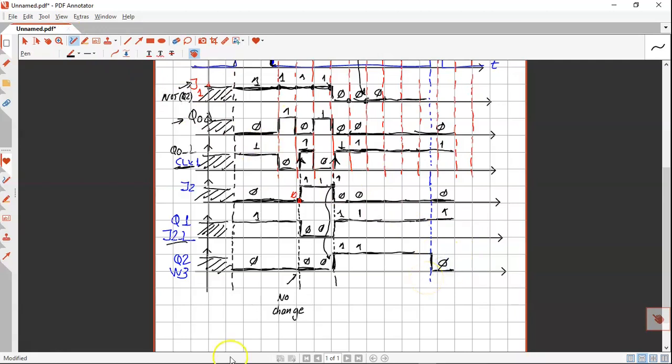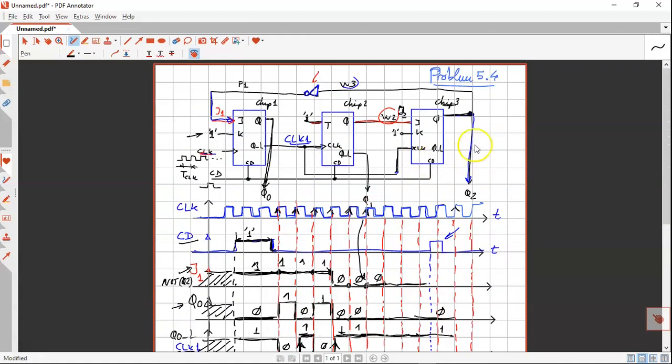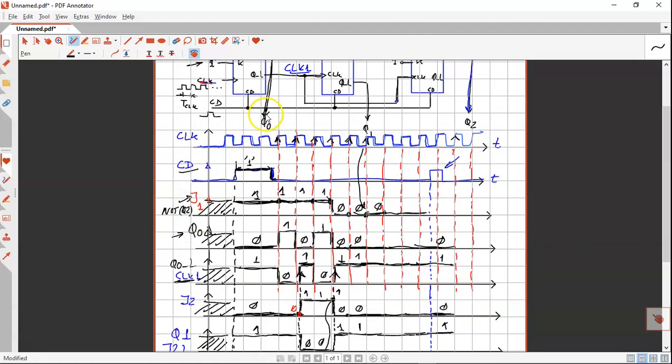Now it's correct, because it's the output, Q2. What is 1, if this is 0, is this signal here. So J1 goes high, and is kept high up to this point when you sample, and now you sample a 1 in this signal, and so you can go and evolve the circuit in the same way.